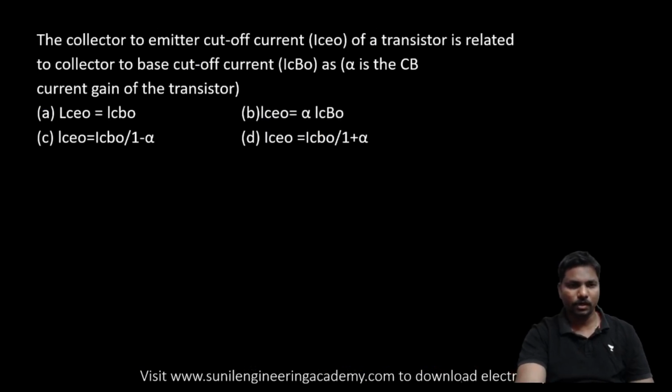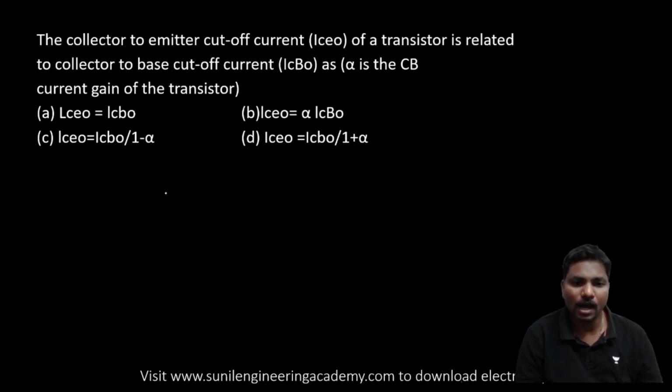If they have given the question in any manner, if you know the things, then you can easily give the answers. Okay. The collector to emitter cutoff current ICEO of a transistor is related to the collector to base cutoff current ICBO, as alpha is the current gain of the CB transistor.